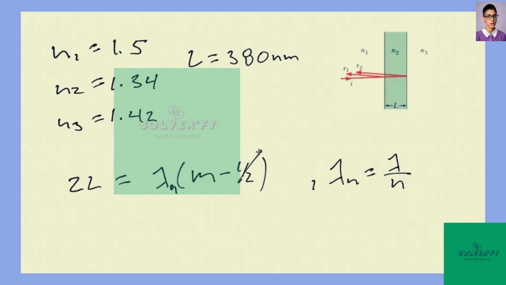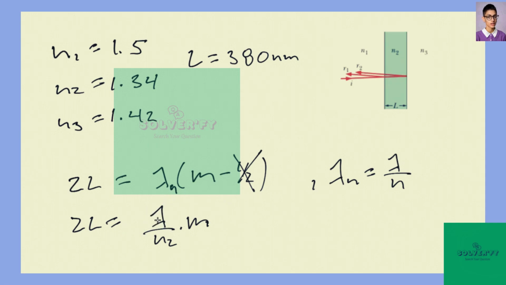So we can just cancel this one out. So we have that 2L equals lambda n, which is lambda over n2, times some integer m. And m can be any integer, and we're going to have a minimum amount of reflection here.